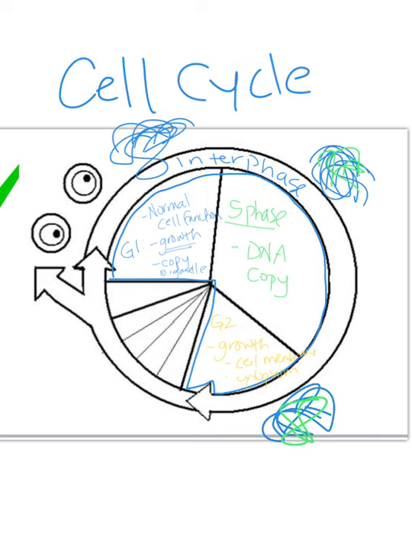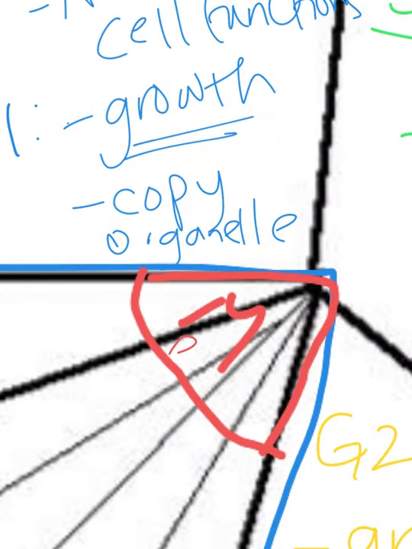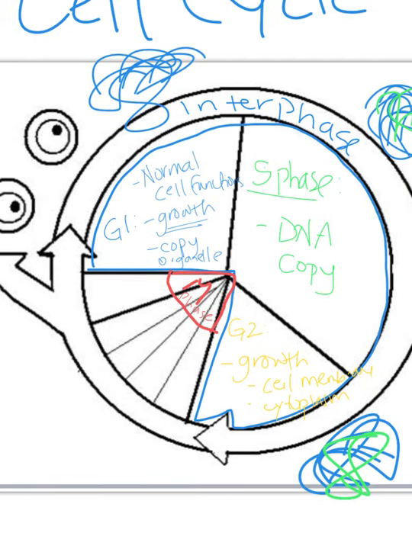Now we are headed into another part of the cell cycle, and it includes all of this here. This is called the M phase. M phase includes two important parts. I'm going to talk about this first one right here. If you can see, I'm kind of separating that off.